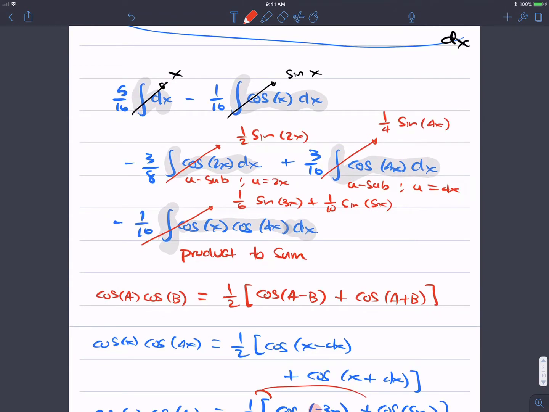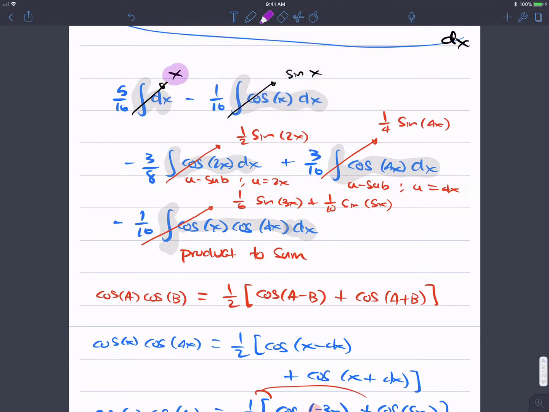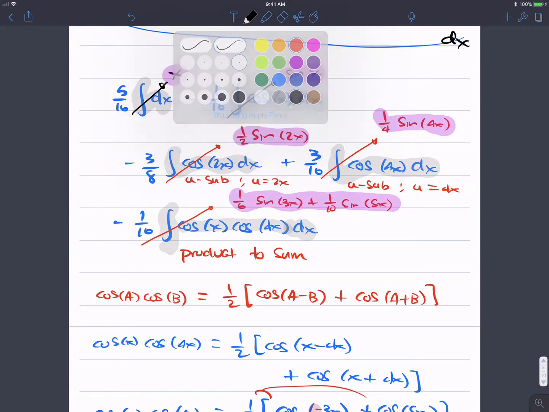There you go. So let's see if we can see everything here now. Maybe I have to go back and highlight this. You got this term. These are all my integrals, my answers, and the final answer here. Now we're going to have to be very careful to write this answer, because remember, you got some constants there.